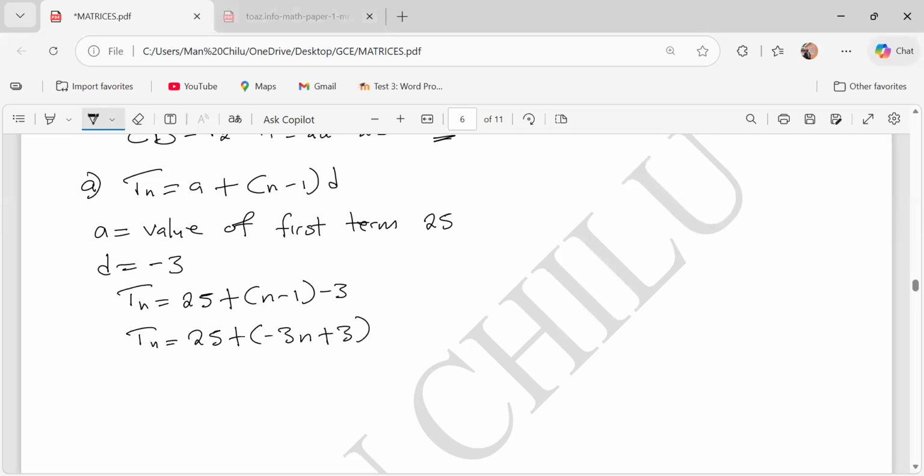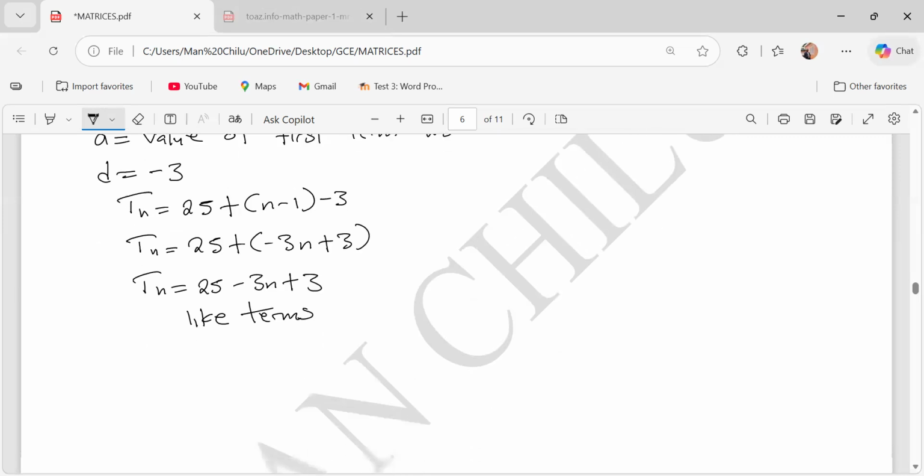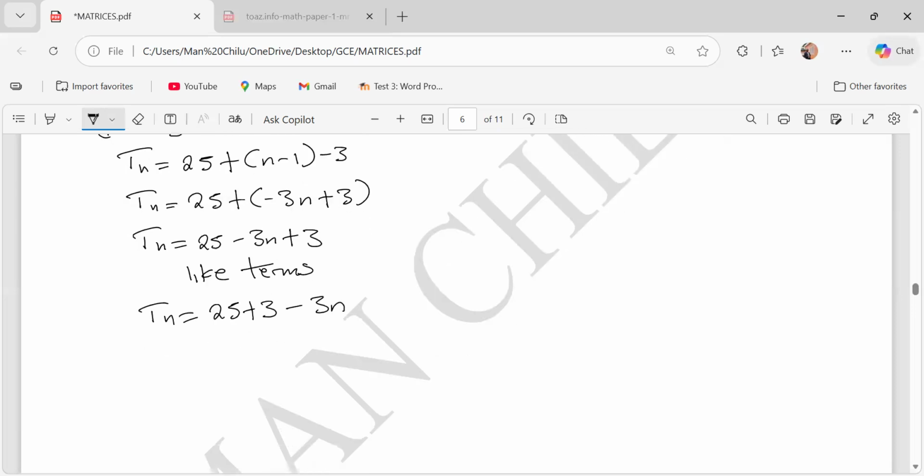So Tn is equal to 25 minus 3n plus 3. Here we put like terms together. Tn will be equal to 25 plus 3 minus 3n, and our Tn will be equal to 28 minus 3n. This is the formula for the nth term.